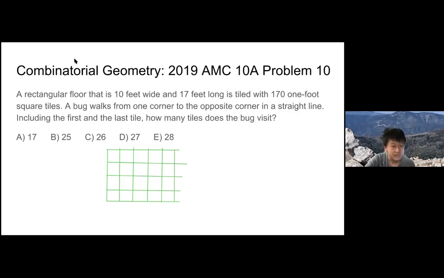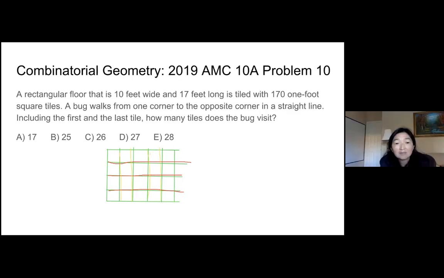So if it's 10 tall, no, sorry, 10 feet wide, you'll have 9 different lines like these red ones I'm going to draw in right here. And if it's 17 feet long, you'll have 16 of these yellow lines.